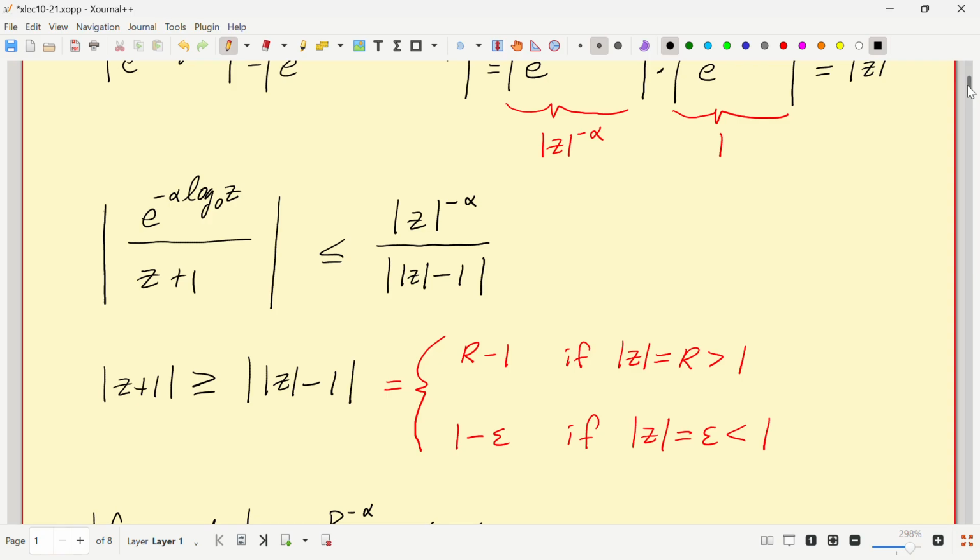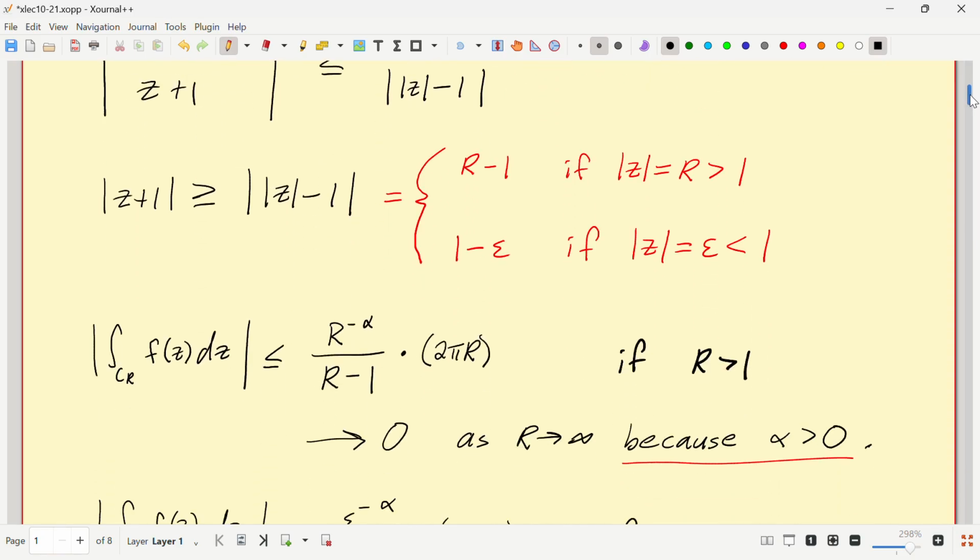So we get one estimate when r is bigger than 1, and if the modulus of z is epsilon, which is less than 1, then that modulus would be 1 minus epsilon. So two different things. In the case of r being big, I'd estimate the modulus of the function inside and get r to the minus alpha over r minus 1 times the length.